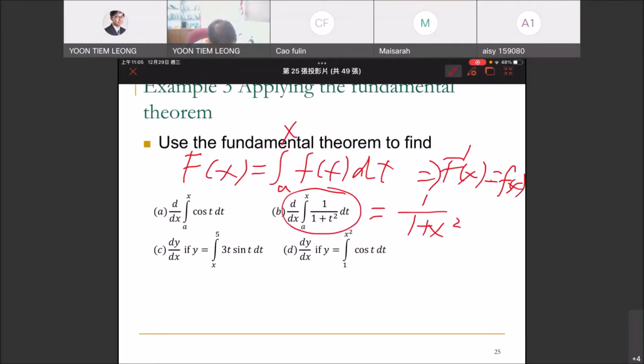Right. So similarly for this part of the questions, now for the fundamental theorem of calculus, the lower limit is a constant and the variable x appears in the upper limit. So this function is not defined properly in terms of the limits.